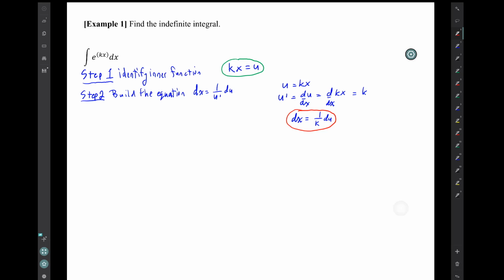Remember that we circle this equation. I circled that in red in the previous video as well. Circle the first equation where we identify the inner function.